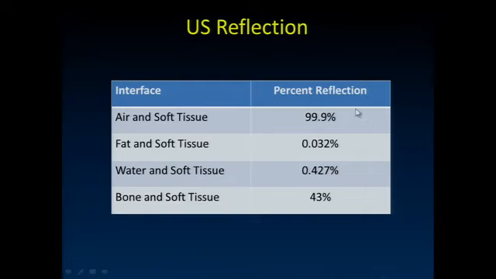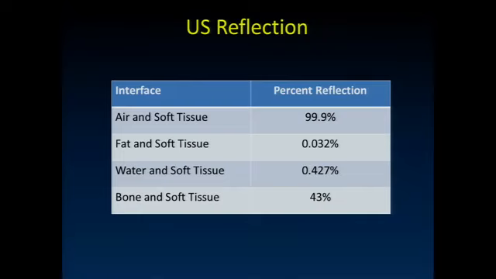So here's the percent reflection from some of those interfaces. Like I said, notice bone soft tissue is nowhere near as bad as air. There's that issue of absorption we'll talk about. But look at how little is reflected at some of these. So notice what's going on as we do our ultrasound imaging. When we get to that capsular surface, let's say, of the liver, a small percentage of that sound energy is reflected back to us, and we detect that echo to make that border in our image.